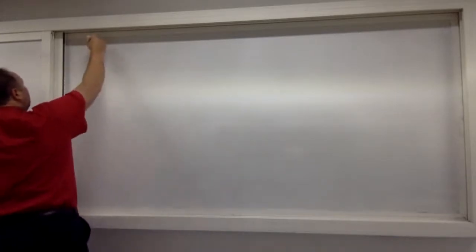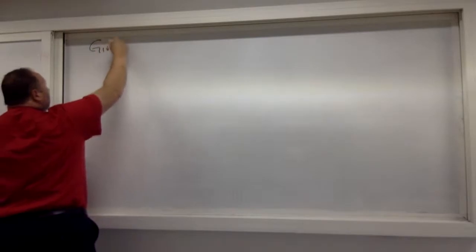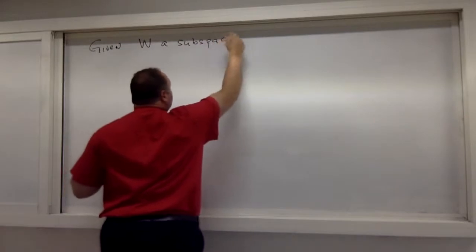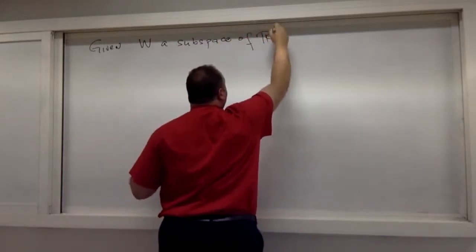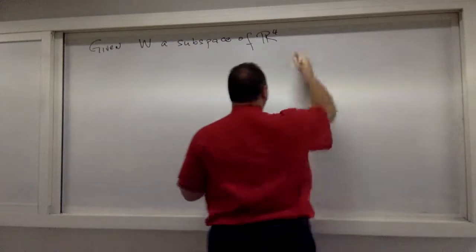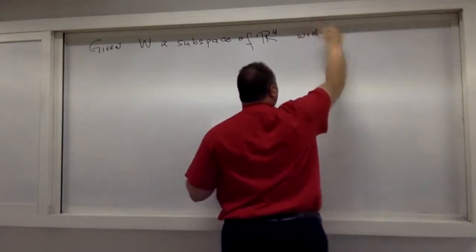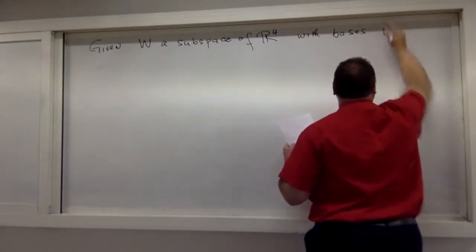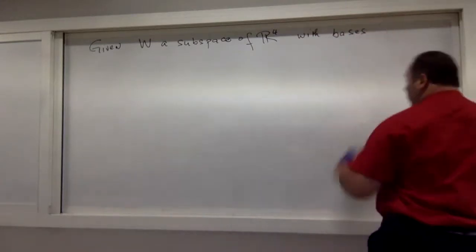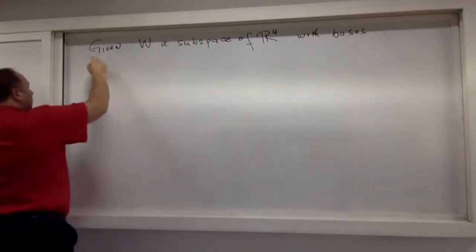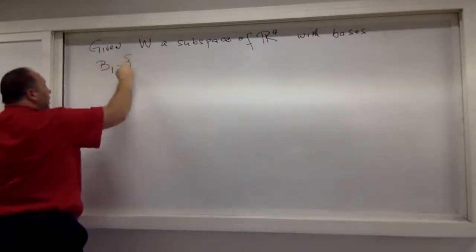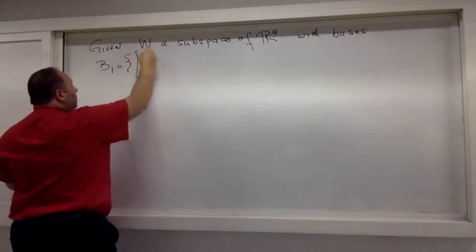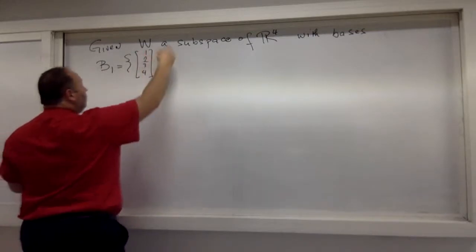So this is how you answer it. Given W, a subspace of R4, with bases, so plural. Let's take bases B1 and B2. These are bases for W. And just to make things interesting, the first vector is 1, 2, 3, 4.